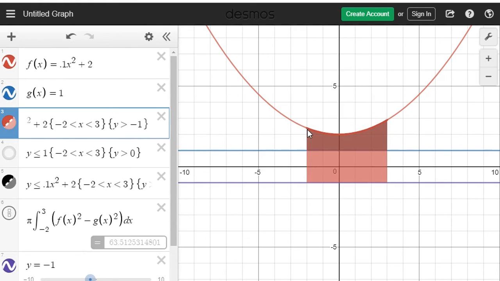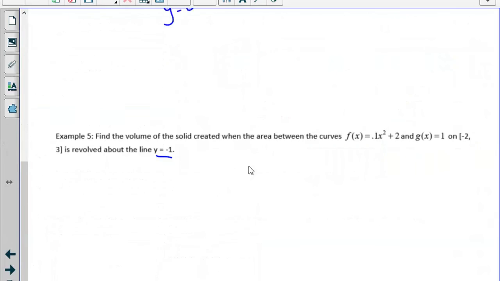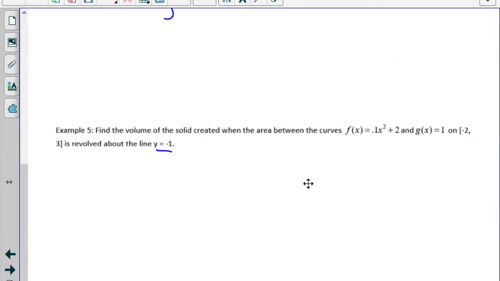So as you see, it's f, and then I have to add 1, which is the same thing as f of x minus -1, which should make sense because it's being revolved around y equals -1. So my distance is going to be from top to bottom, f of x minus -1, which is the same thing as f of x plus 1. That is my big R.